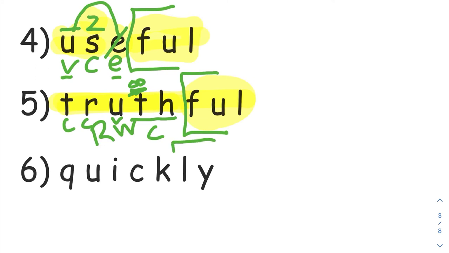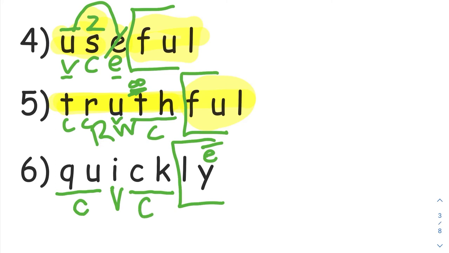Number 6, another bracket. We notice that suffix, the Y making the long E sound. Then take a look at the base word. First you will see Q and U are best friends. They always stick together. Vowel, CK, we use after a short vowel at the end of a short word.